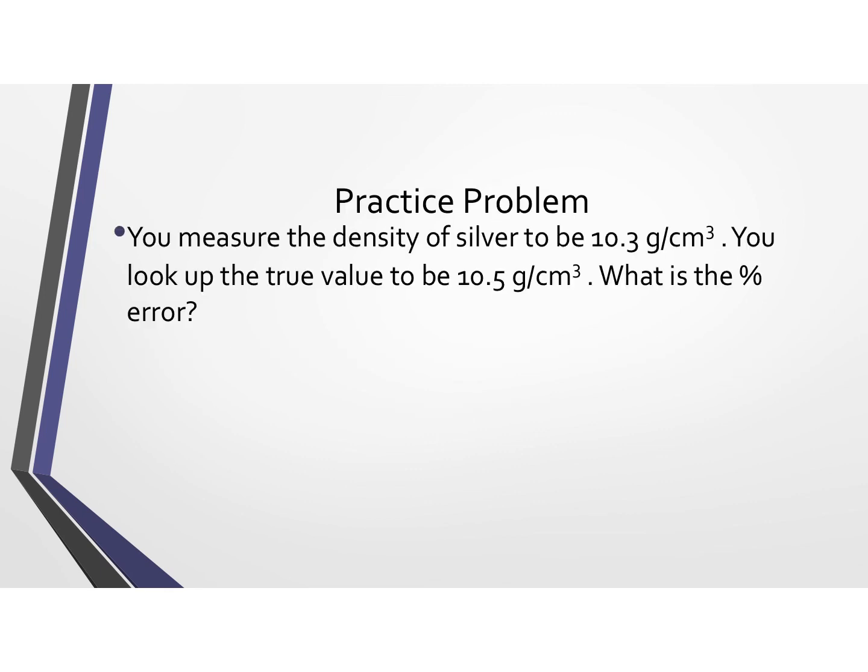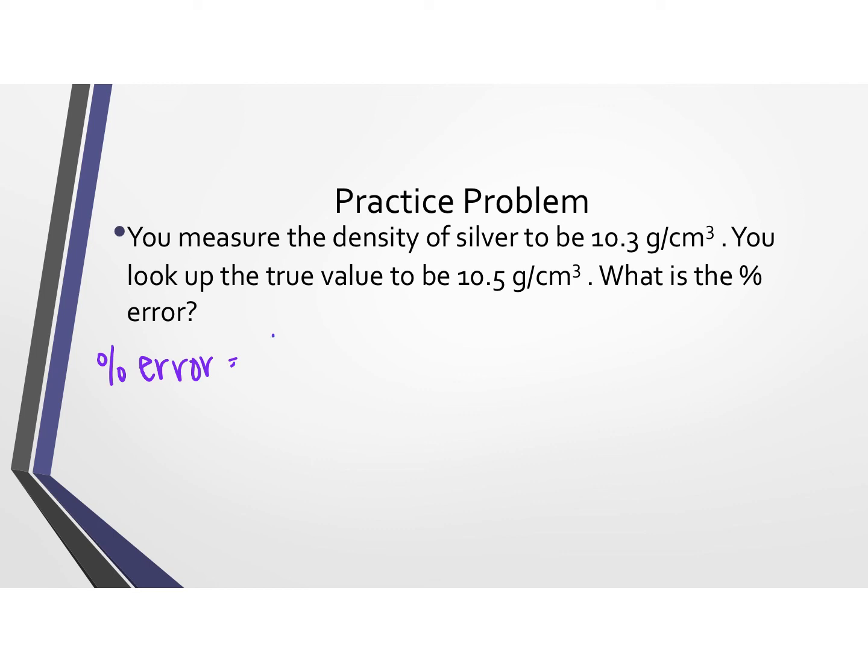So let's practice calculating percent error. Let's say you measured the density of silver to be 10.3 grams per centimeter cubed. You look up the true value to be 10.5 grams per centimeter cubed. What's the percent error? Percent error is the accepted value minus experimental.